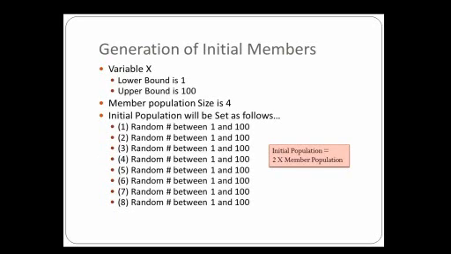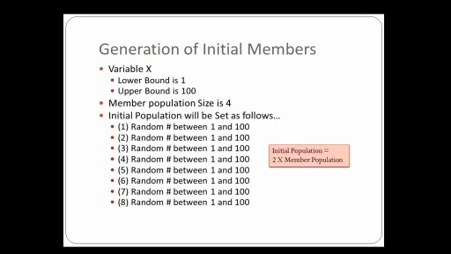So the most interesting piece of this is how it generates the initial members of this solution set, and how it generates the new members following up on that. If I took an example with variable x, it would have a lower bound of 1. Let's give it an upper bound of 100, just for giggles.